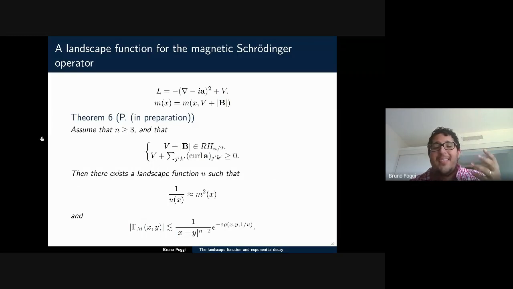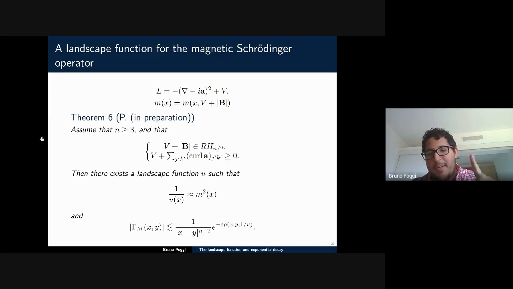Now I can trade that smoothness assumption for this sign assumption. And moreover, my sign assumption is natural in the following sense. It generalizes sign assumptions that have already been considered in 2 dimensions. But here I am stating this in any number of dimensions, 2 or above.